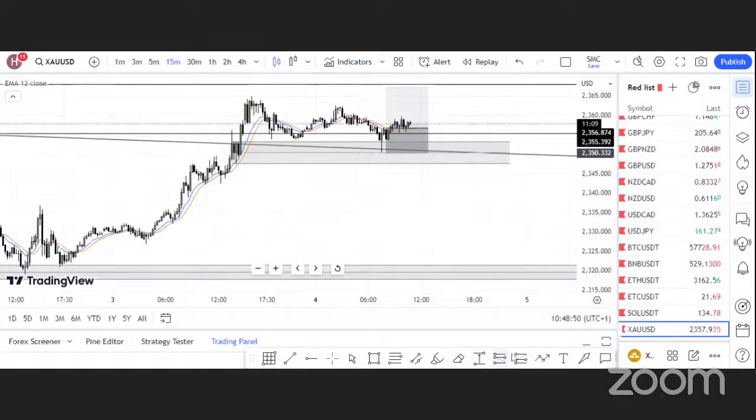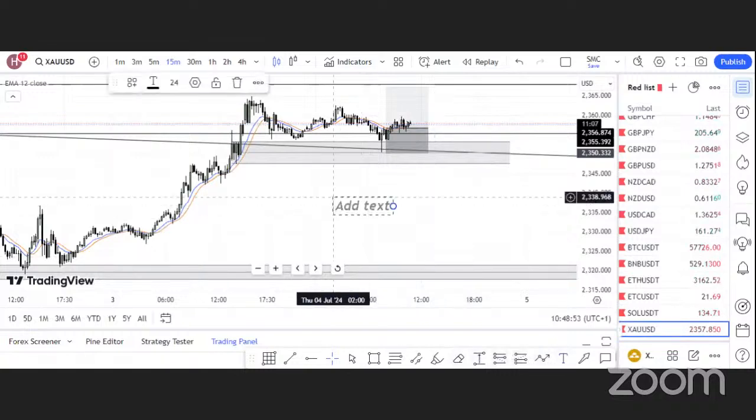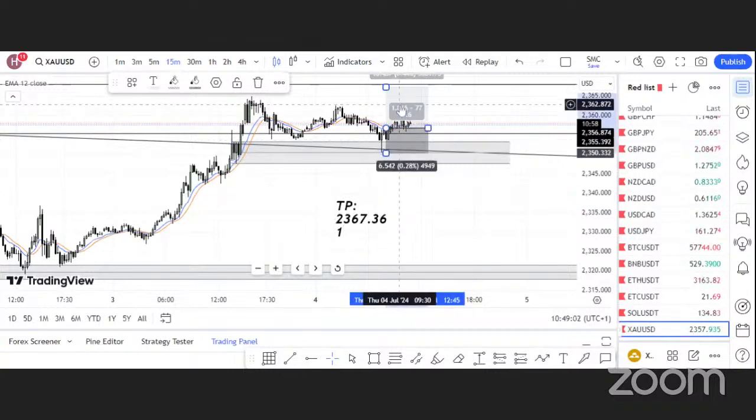So in case you took the trade with me, let me just write out the take profit and the stop loss for you guys. All right.